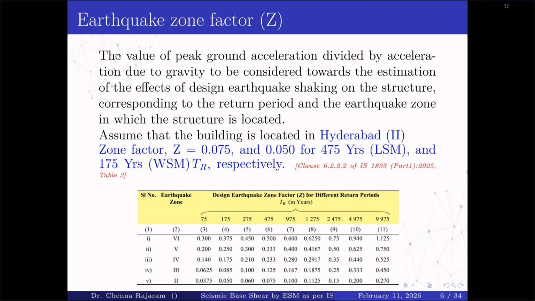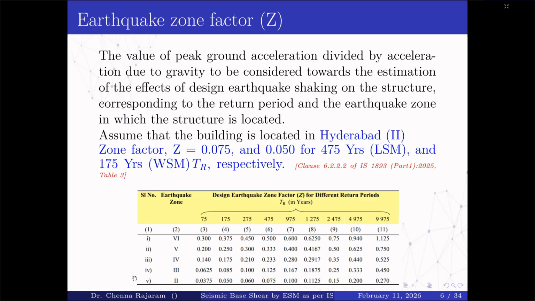Here, the building is located in Hyderabad, which is in zone 2. The zone factor Z is equal to 0.075 for the limit state method and 0.05 for the working stress method, and the return periods are 475 years and 175 years respectively.